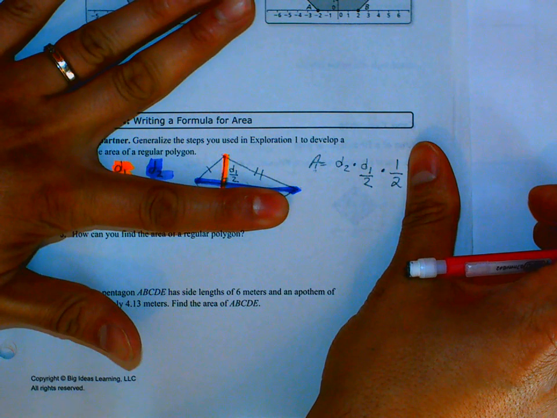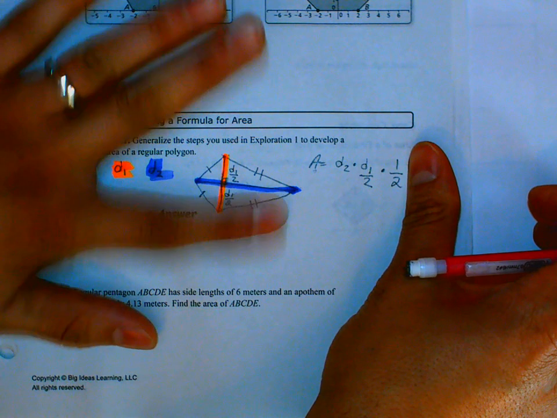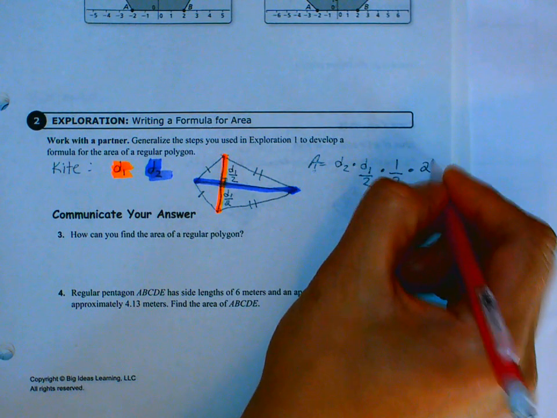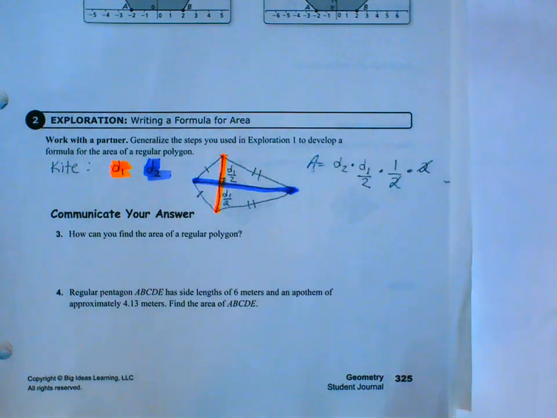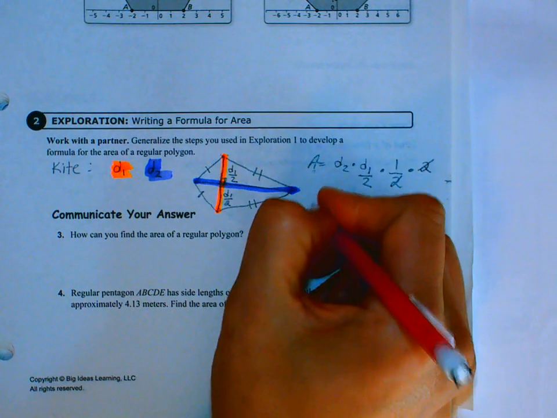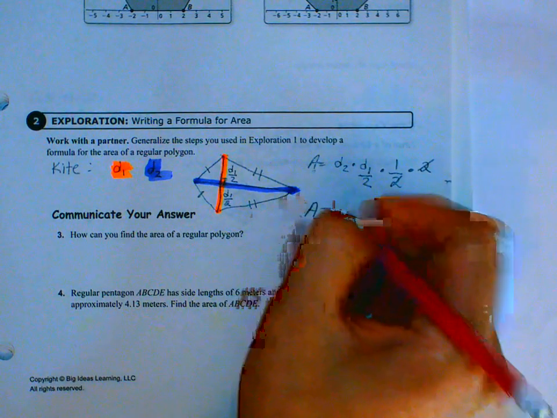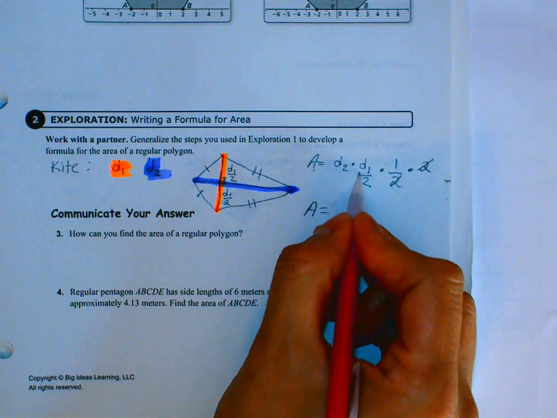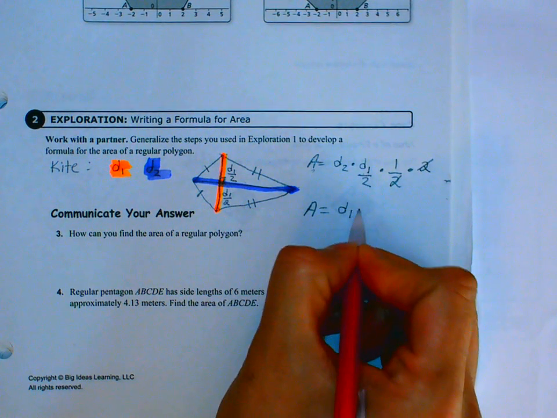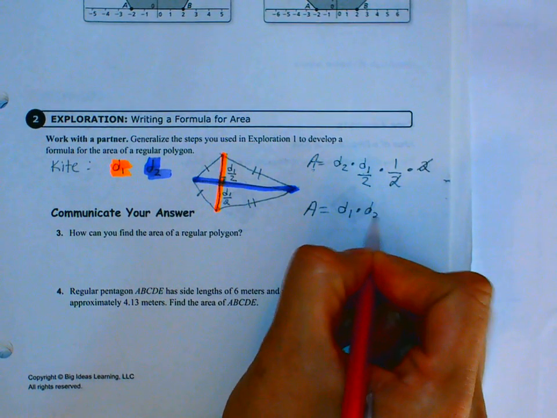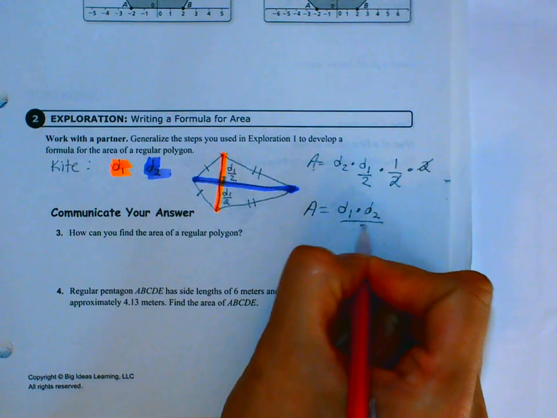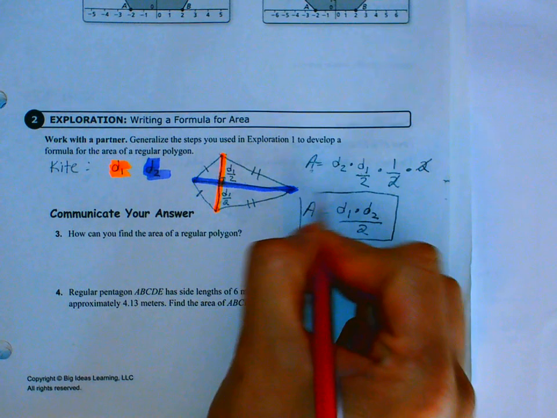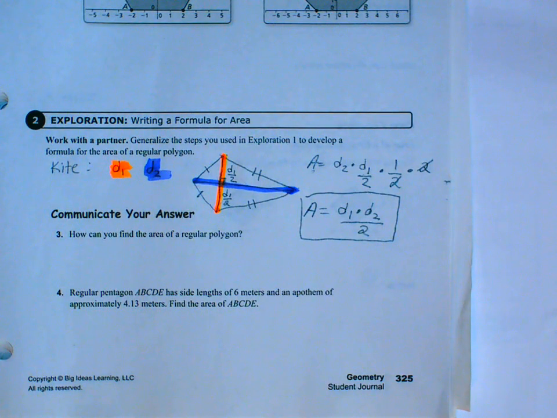So what does that do? That cancels these two, which leaves you, for the area of a kite, and I'm going to move the numbers around a little bit, putting diagonal 1 first: diagonal 1 times diagonal 2, all divided by 2. And that is the equation for the area of a kite.